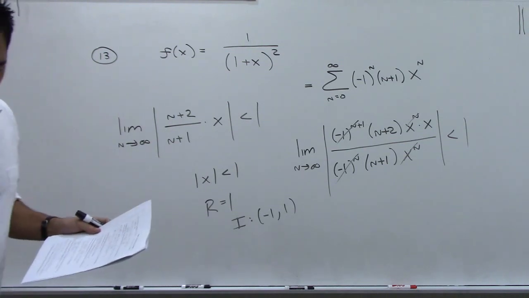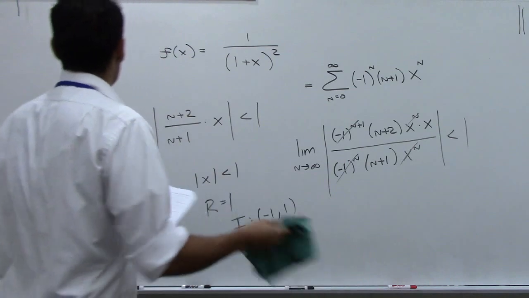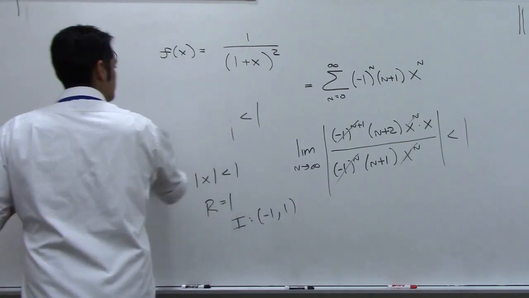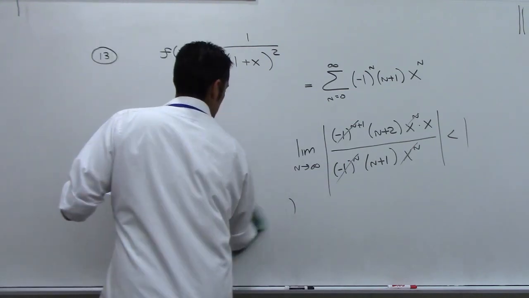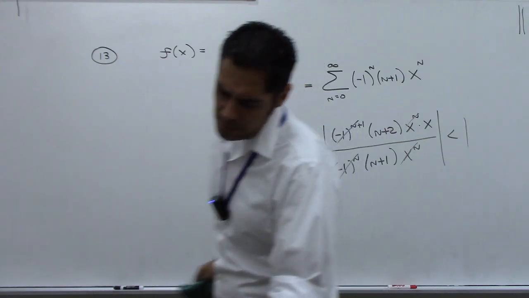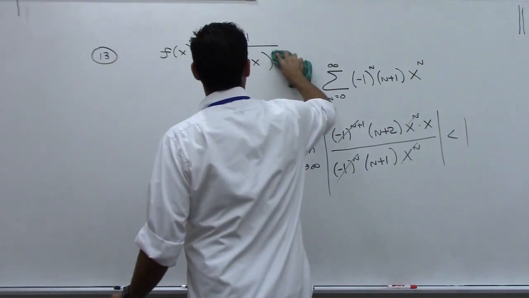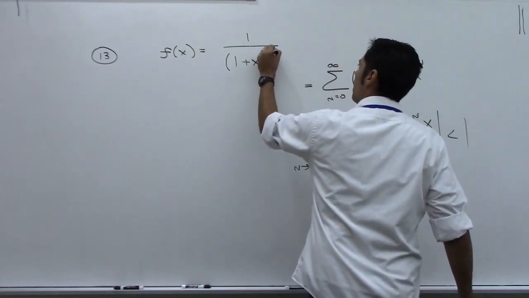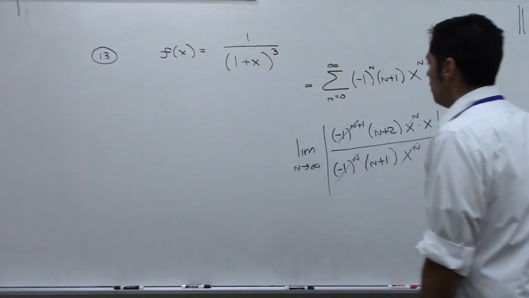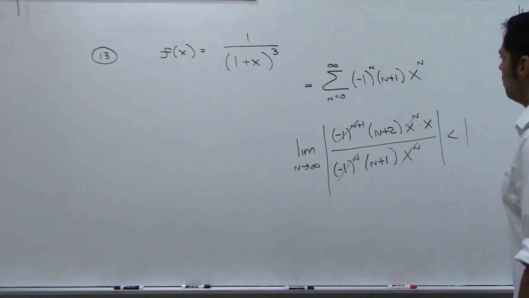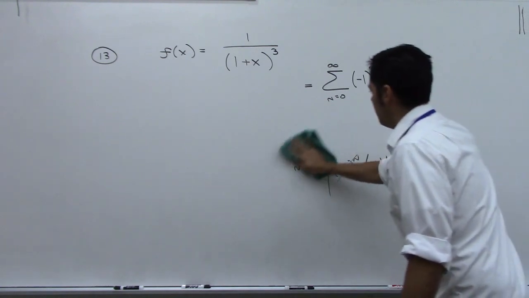Now, it says, for part B of this problem, to find a power series for another function. It's this cubed instead. Well, we just found our power series, right?